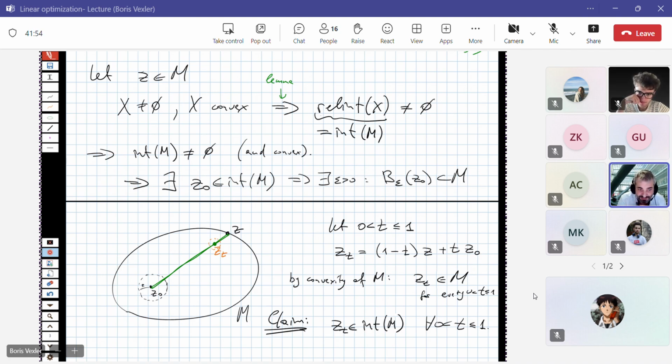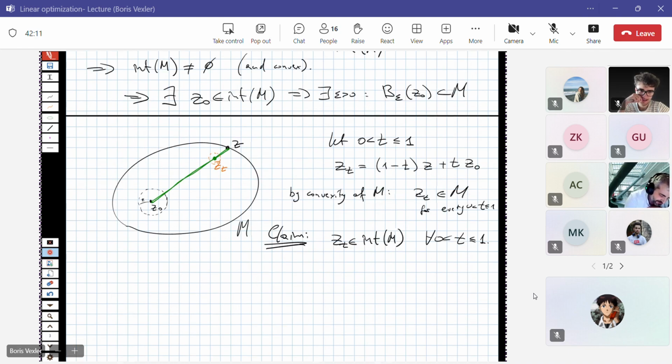And it turns out that what we can prove is that the radius of the ball here will be at least T times epsilon. Yes.